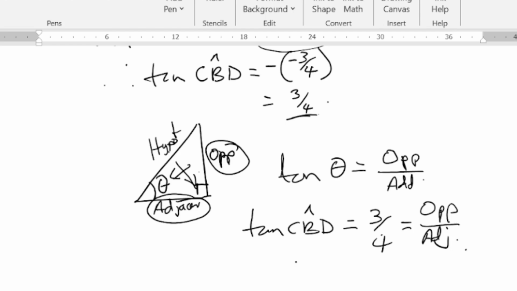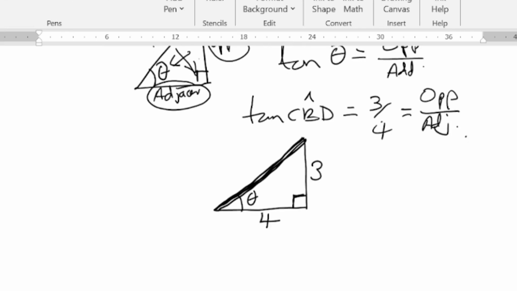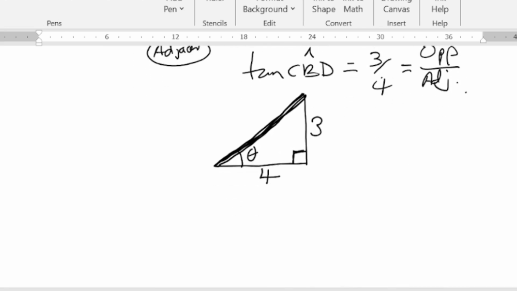So using that information, we can now redo this. We can say that if our angle is here, this is 4 and this is 3. Therefore, it's easy for us to calculate this length here. We are using the Pythagoras theorem.